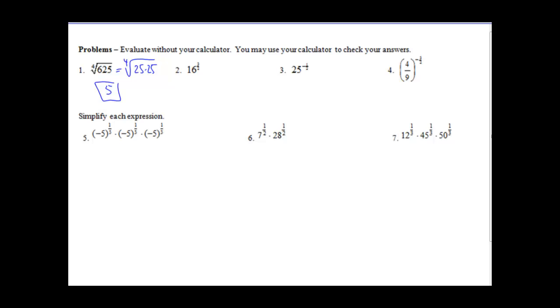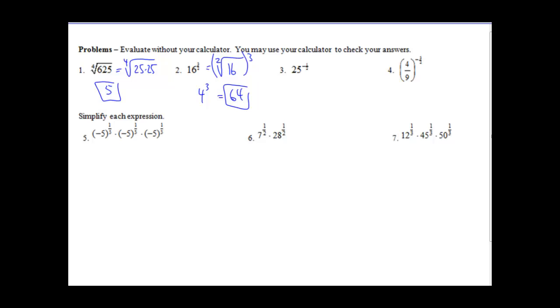16 to the 3/2: if we rewrite, using the notes straight above, remember the bottom number is the root, so it's the square root. We're going to take the square root of 16, and then put parentheses around the whole thing. The square root of 16 is 4, and then we're going to go 4 cubed, which is 64. 25 to the negative 1/2.